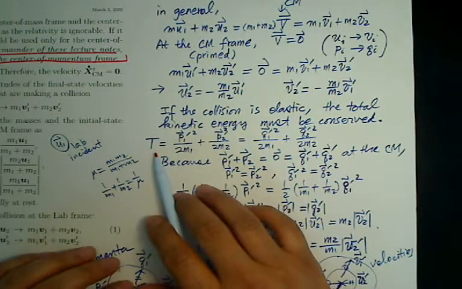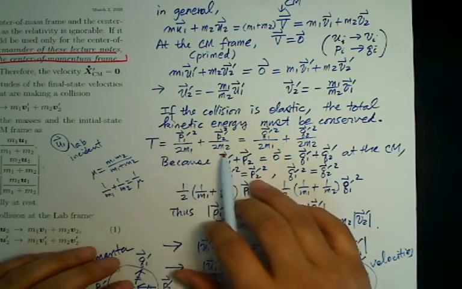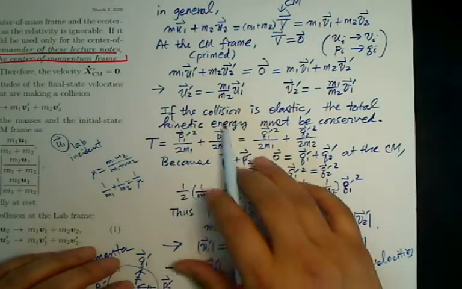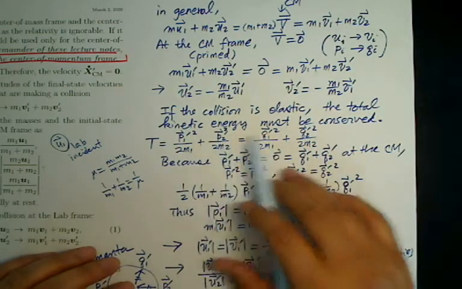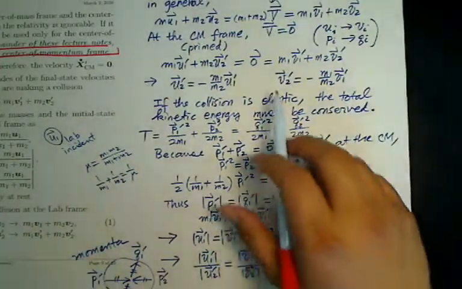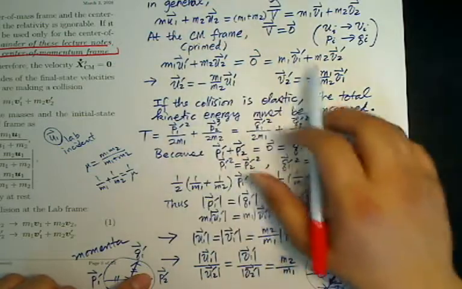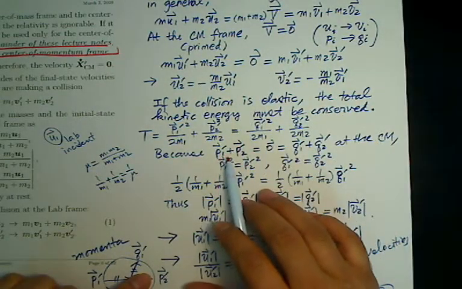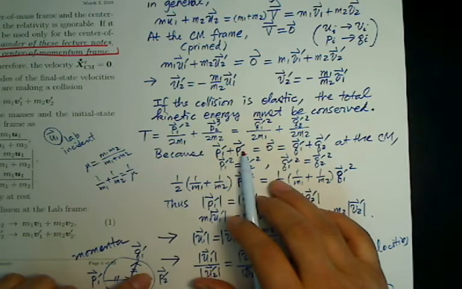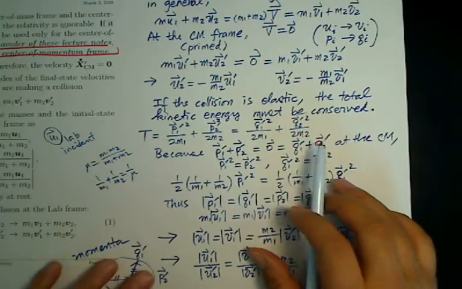So kinetic energy at the CM frame will be the kinetic energy sum in the initial state equal to that in the final state. We know the sum of two momenta in the initial and final states must vanish at the CM frame. Therefore, P1 prime plus P2 prime, the sum is 0. The final momentum sum is also 0.